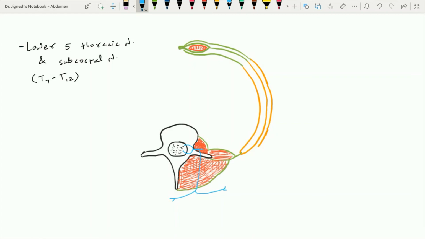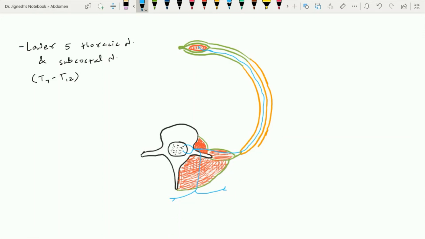And the ventral ramus runs between the transversus abdominis and the internal oblique muscle and passes forward to reach the deep lamina of the internal oblique muscle, which it is going to pierce and then supply the rectus abdominis muscle.